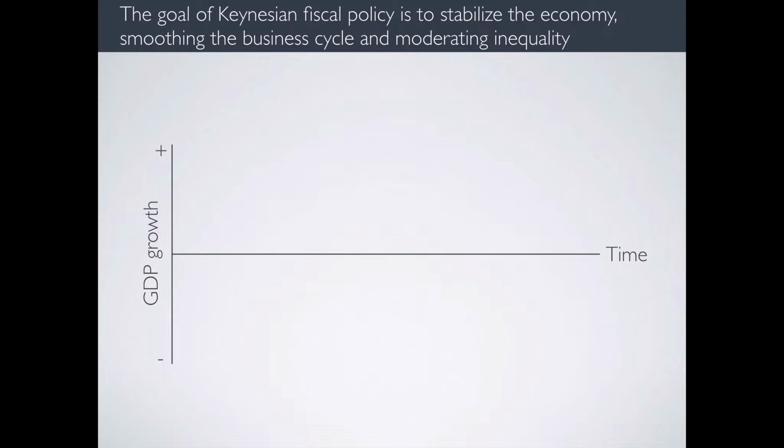So let's just keep in mind, okay, the goal of Keynesian fiscal policy is to stabilize the economy, to smooth out the business cycle, and to moderate inequality. All right, so let's say that this graph here represents GDP growth over time.